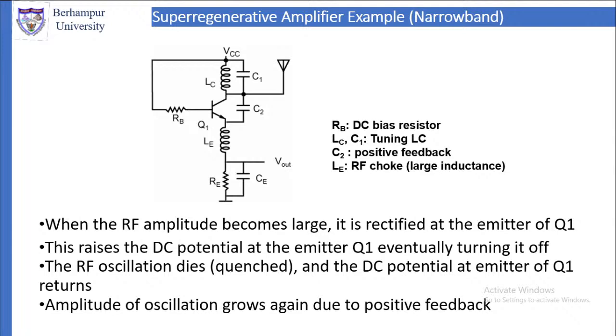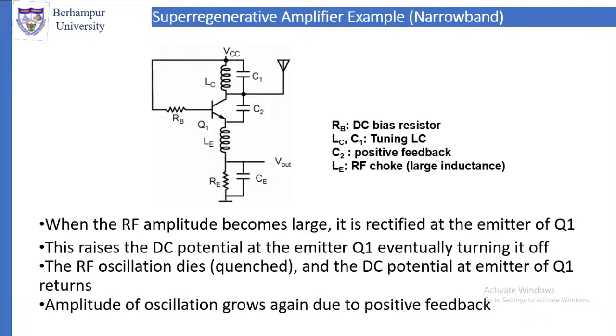When the RF amplitude becomes large, it is rectified at the emitter of Q1. You have a rectifying circuit, so it will be rectified at the emitter of Q1. Because of rectification, the RF will be converted to DC.